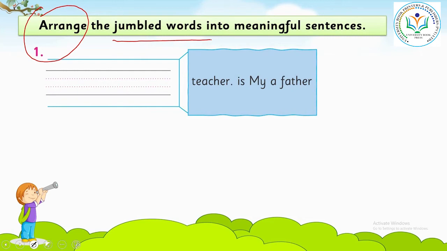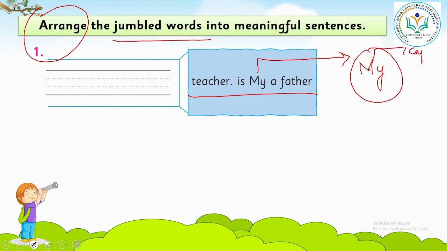So here in this sentence, teacher full stop is my father. Which word is capital? The M of my is capital. So our sentence should be starting from my. And the teacher should be placed at the last of the sentence because here is the full stop.